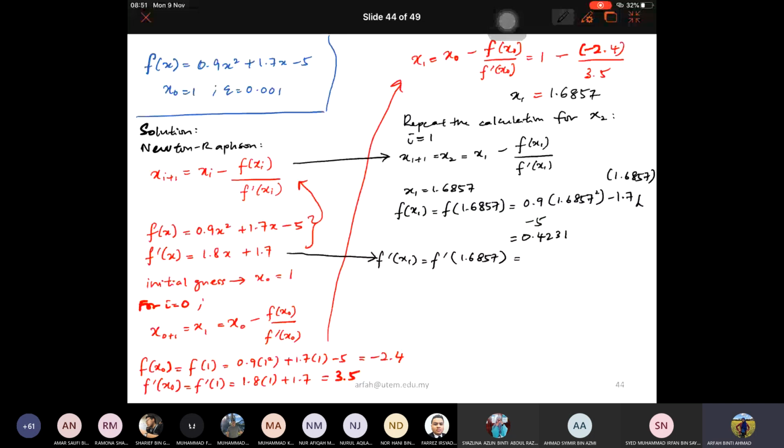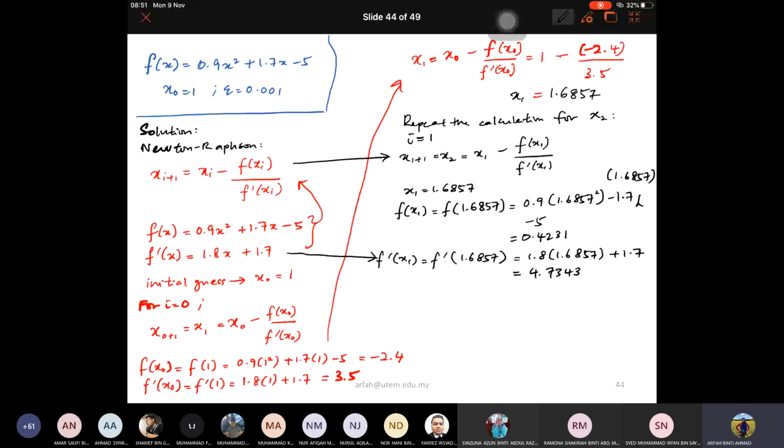So cuba kira dapat apa? 4.7343. Ya, betul. Okay. Thank you siapa yang jawab tadi.